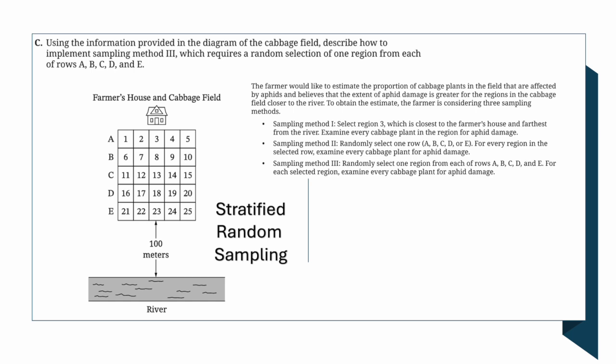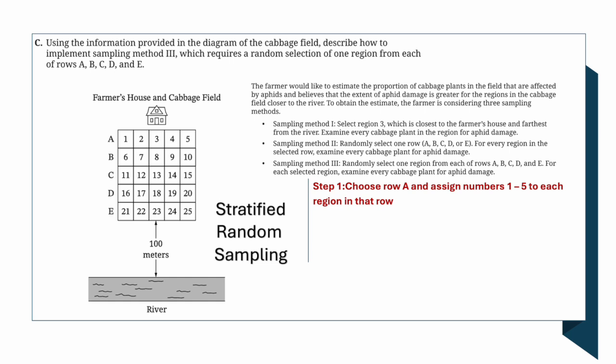So the question is, how do we implement this? Whenever you're doing random sampling, the first thing is to assign numbers to the individuals. So step number 1 would be to choose row A and assign numbers 1 to 5 to each region in that row. And the next step is to use some chance process.